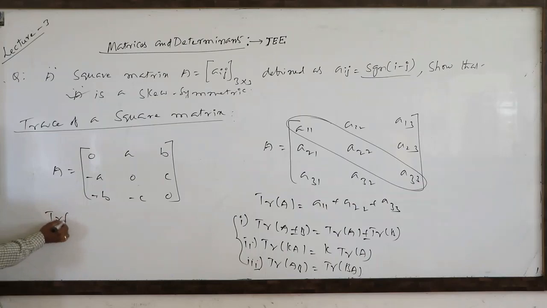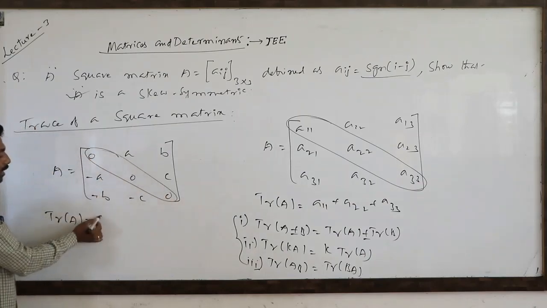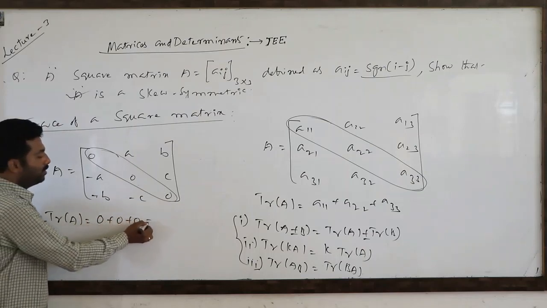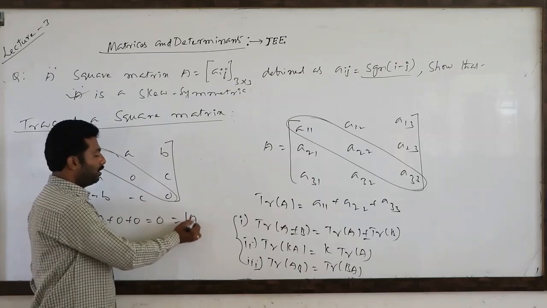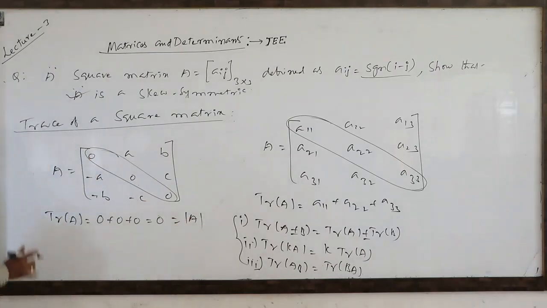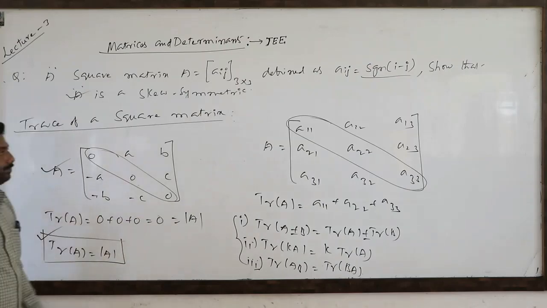The trace, the sum of the principal diagonal elements, is 0 plus 0 plus 0, nothing but 0. The determinant of a skew symmetric matrix is also 0. So if A is skew symmetric, the trace of the matrix equals the determinant of the matrix. This point you have to remember.